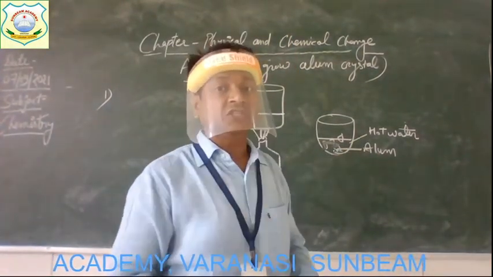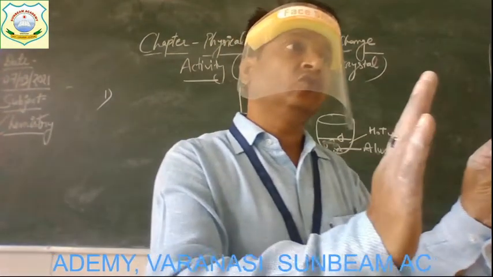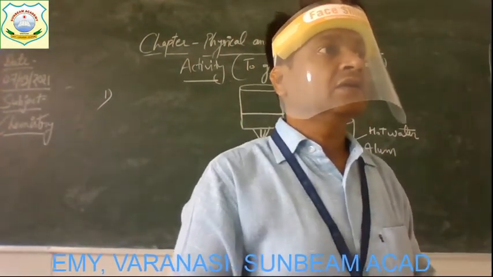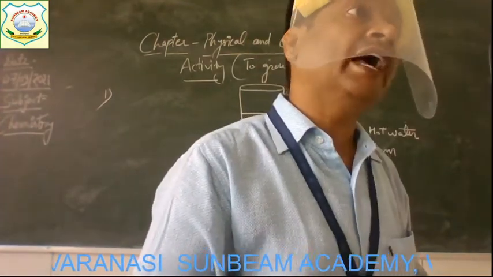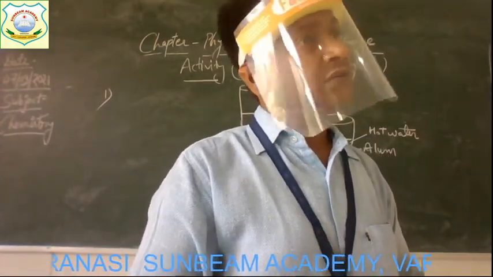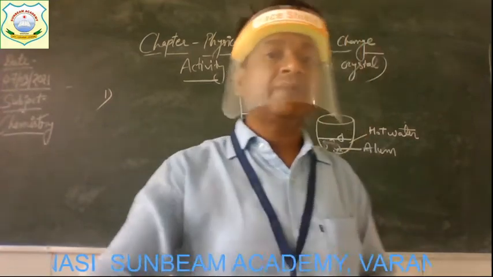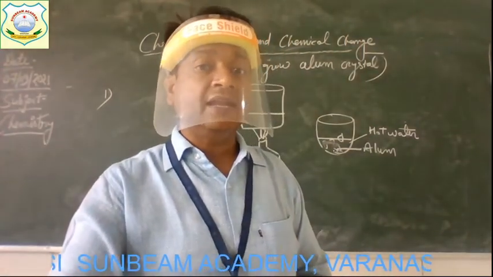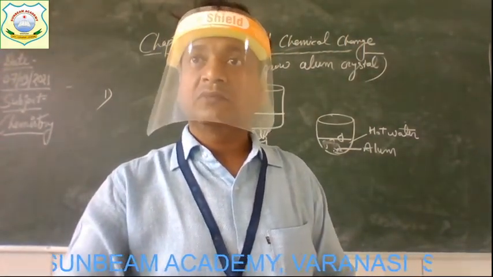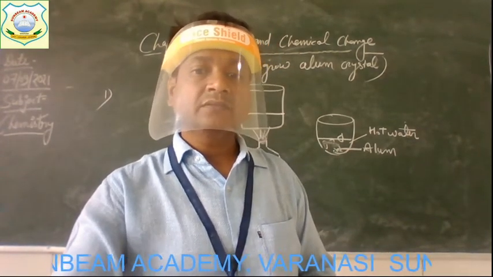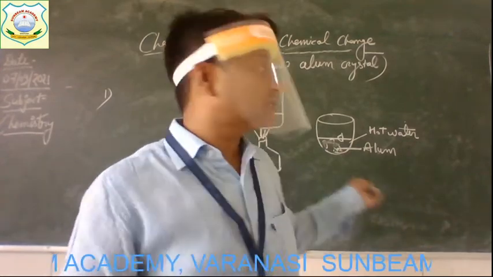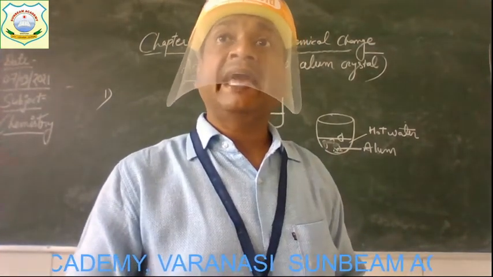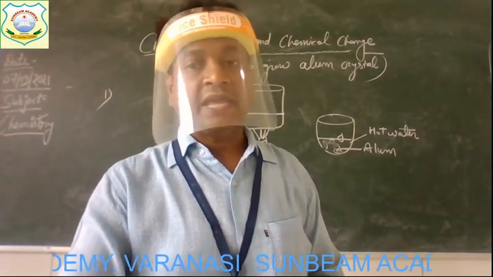And after filtration, leave that solution for the whole night. So, on the next day, you will observe that crystals of alum are formed there. Get it? So, this is the activity by which you can grow alum crystals by yourself. Alright? Understood, everyone? Okay. So, I hope that you understood this activity and the answers to the oral questions. Thank you and have a nice day.